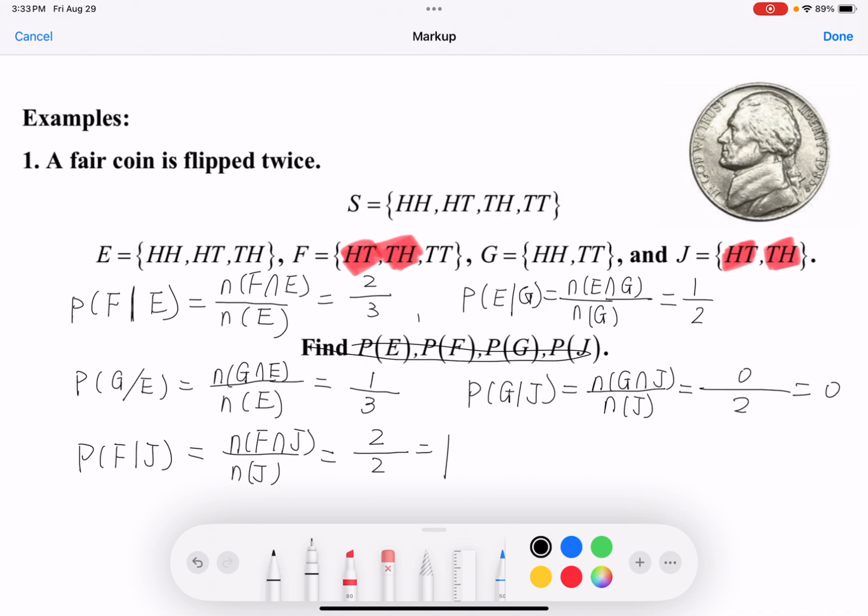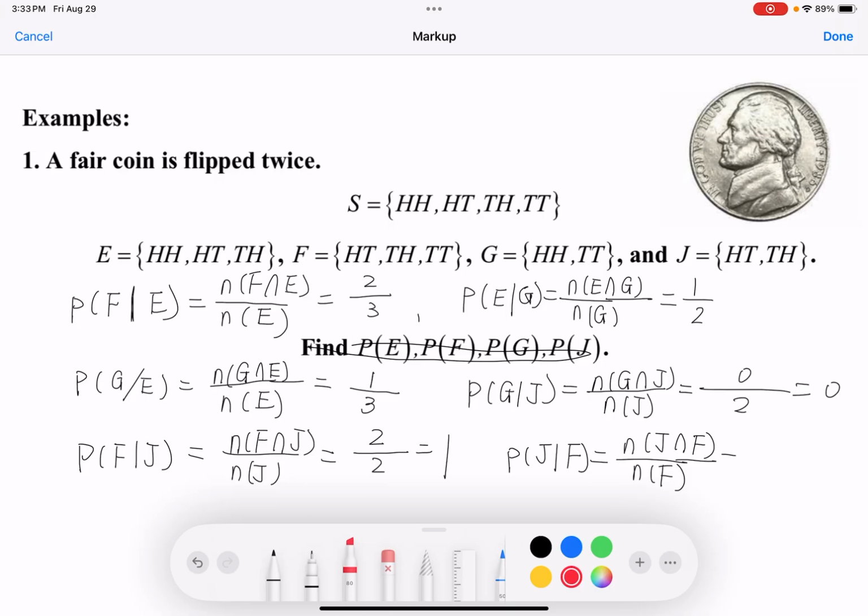Okay, let's see, last one. P of J given F. N of J and F divided by N of F. So J and F. Where's J?